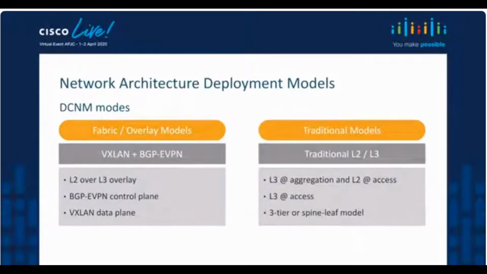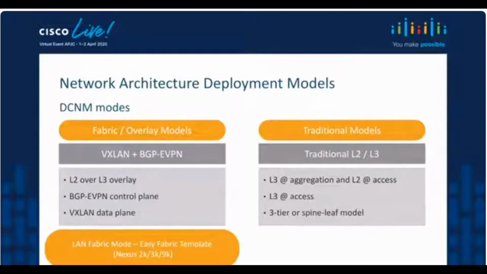Whereas then we have the traditional model, which can be either a 2-tier or a 3-tier architecture running spanning tree, VPC, fabric path, OTV, and pretty much anything except for VXLAN. Now, those are the two big buckets when we're talking about deployments or architectures in the data center world, again on the LAN side of the house.